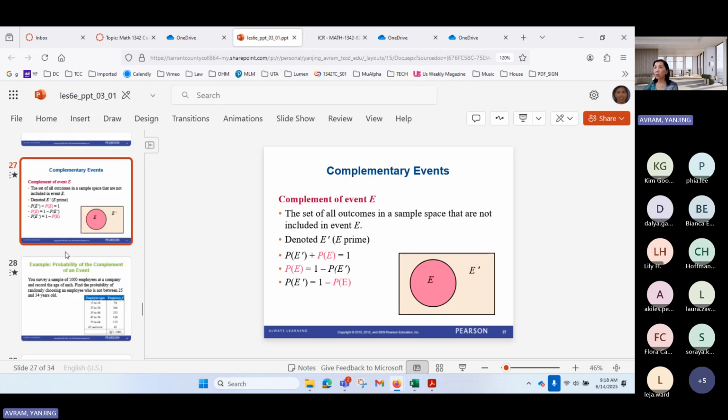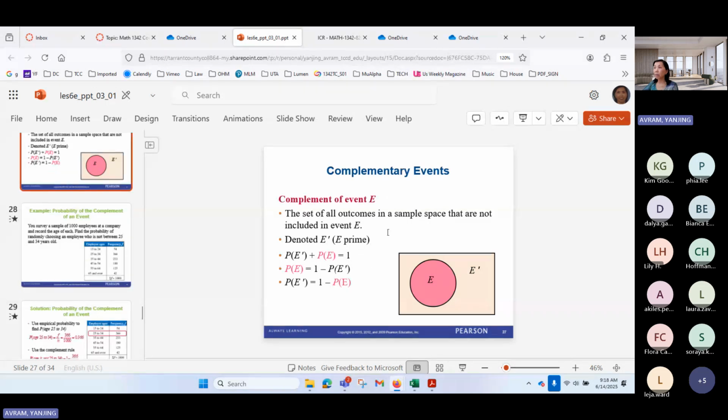I will also talk about the complementary event, right? A complementary event has only two types. Like I said, what is the chance of learning today? If I say the chance of learning today is 30%, what is the chance of not learning?